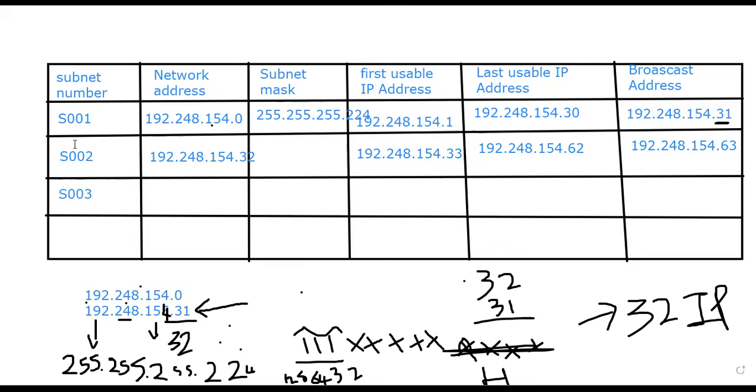We know that the previous broadcast address was 63, so this one must begin from 64. So 192.248.154.64. Again, you need to add 31 for the 64. 64 plus 31 is going to be 95.